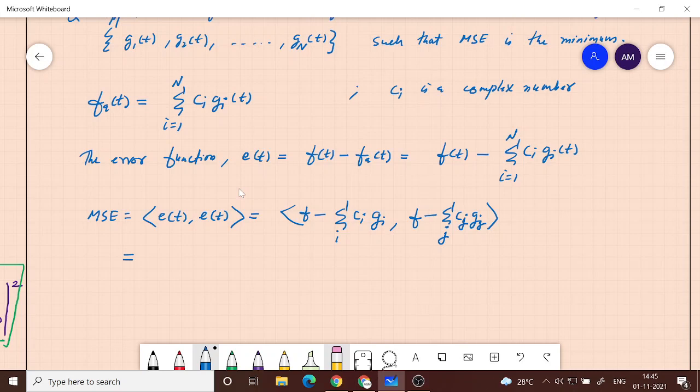So I would prefer to take i in the first entry and j in the second entry because there are n terms here in this summation and there are n terms here. So when I take the first term, say i is equal to 1, j can be anything from 1 to n.